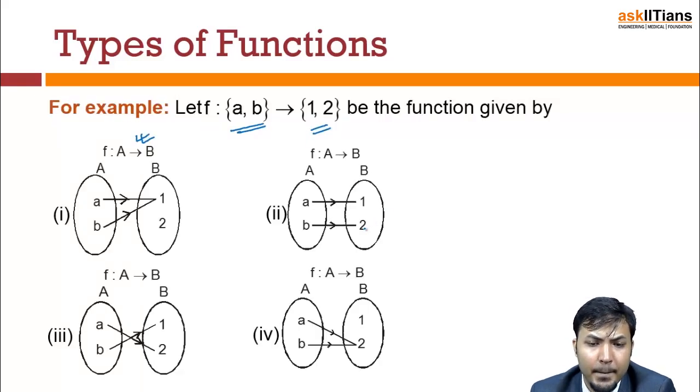Why so? For each case over here, you see 2 and 3 both have one unique value, right? A has 1, B has 2, A has 2, B has 1. So both of them have a unique value. A is not equal to B, so this is a one-one function.